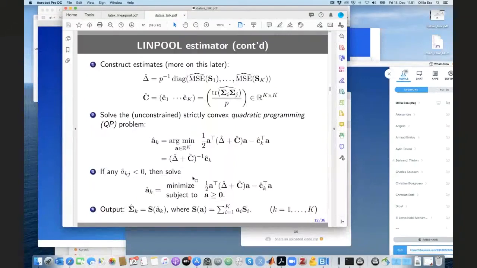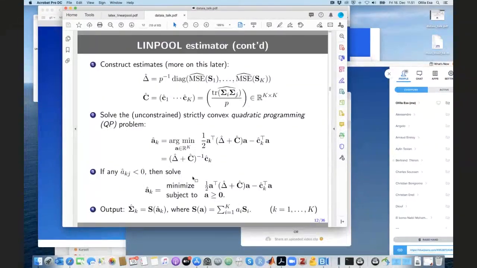And if it happens that one of these weight terms is negative, then we use a QP solver for the problem, so that we minimize the estimate of the mean squared error subject to the constraint that the weights need to be non-negative.